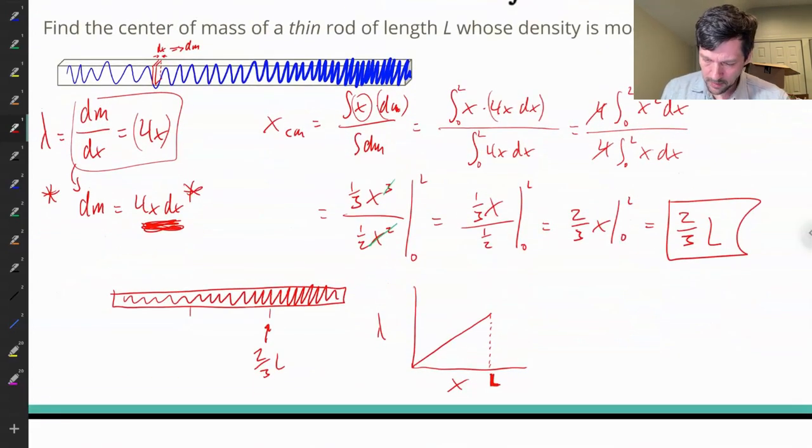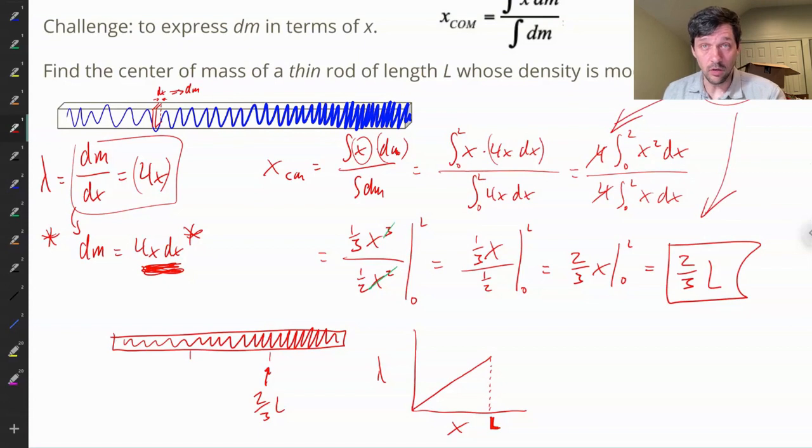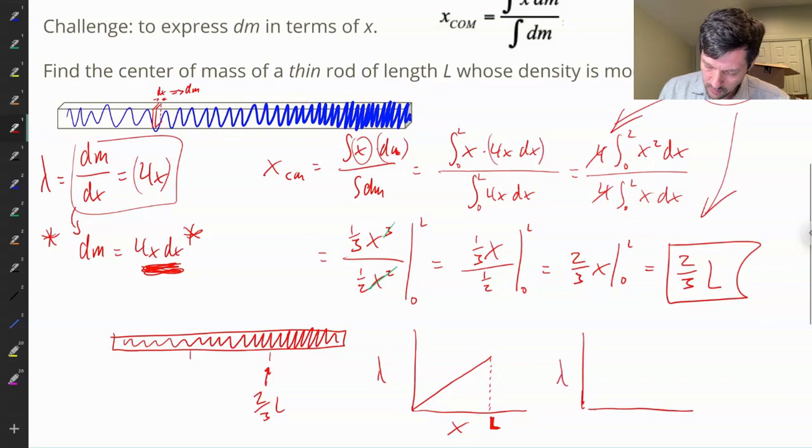And you might notice that the 4 didn't really show, the 4 got canceled. What happened to the 4? Why doesn't the 4 matter? Well, it turns out the 4 doesn't matter. Mathematically, it canceled. All that 4 is telling us is the slope of this lambda versus x graph. We could have a really mellow one, or we could have a really steep one.